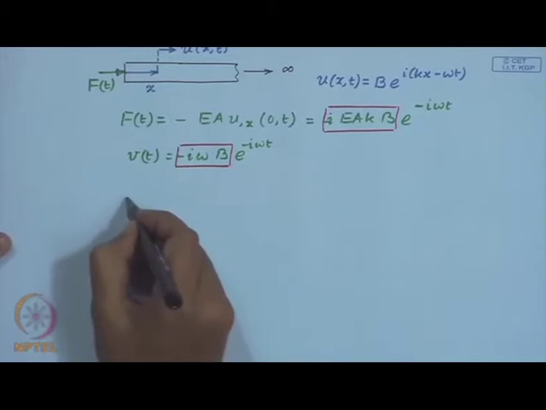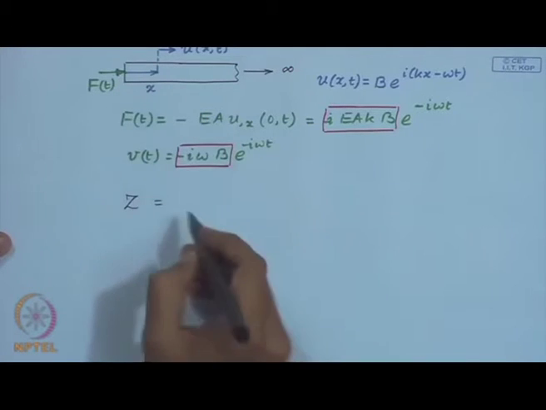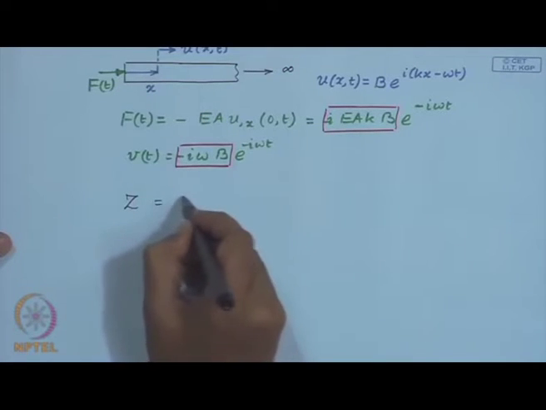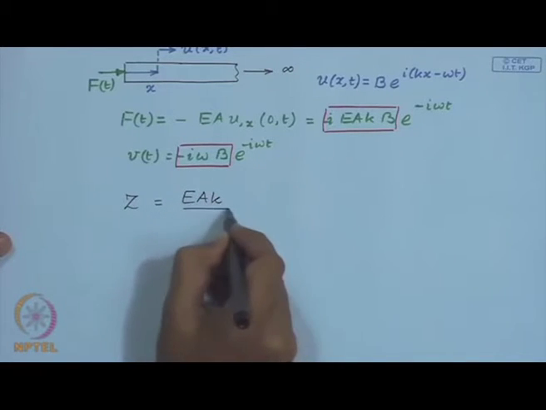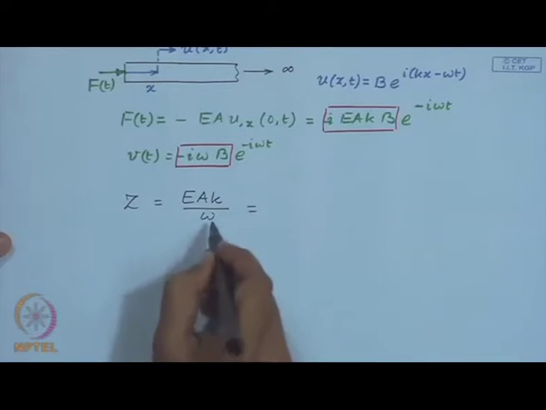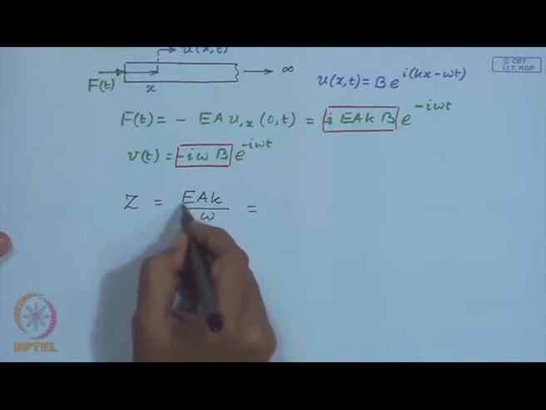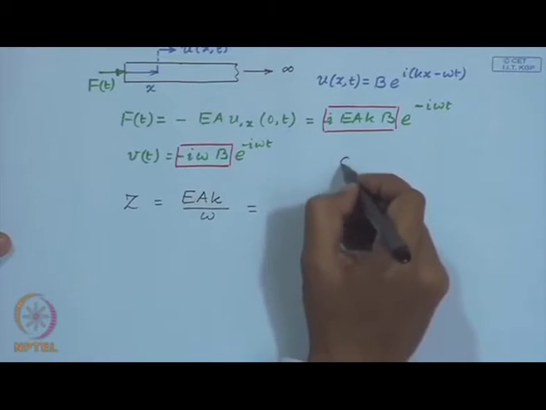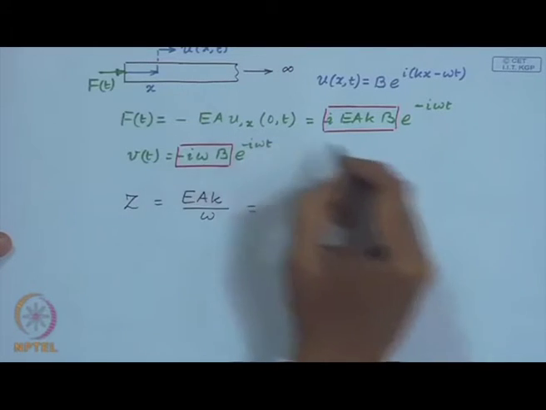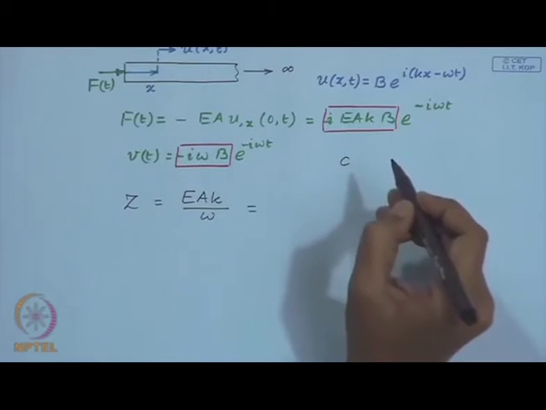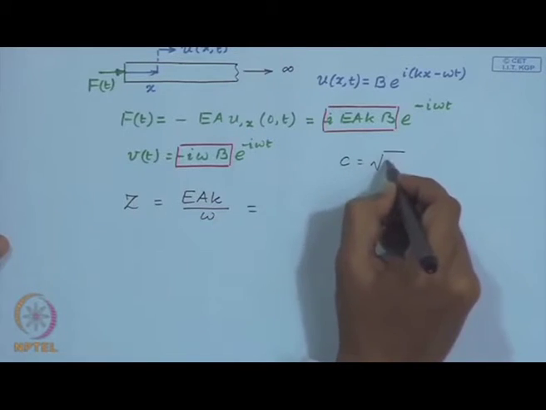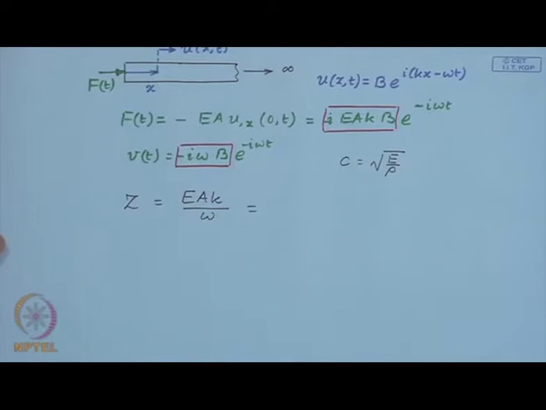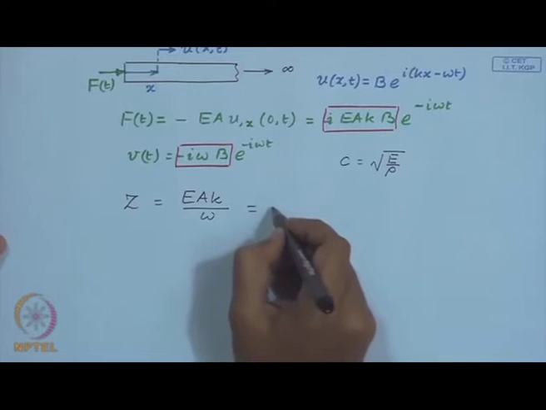Therefore, once again I can define the impedance of a semi infinite bar as E A. Once again omega over k is c, and the speed of waves in a bar can be written like this.